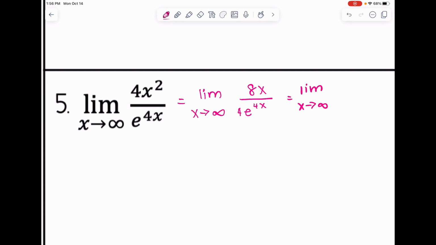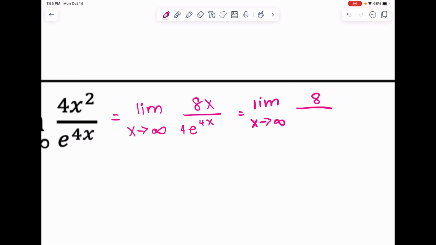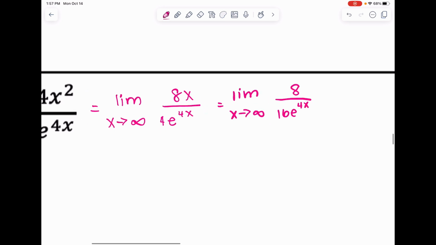So when I do that here, the derivative of 8x is 8. The derivative of 4e to the 4x, again using chain rule, but now I'm going to get 16e to the 4x. Now if I substitute in infinity, I would get 8 over 16e to the 4 times infinity.